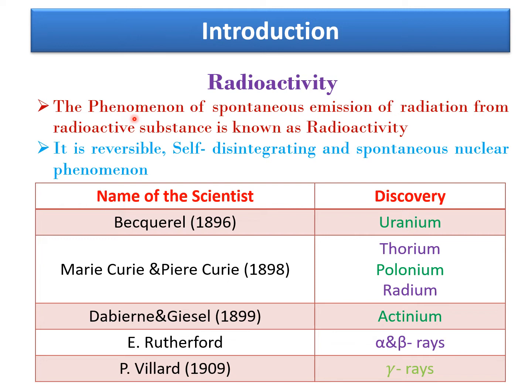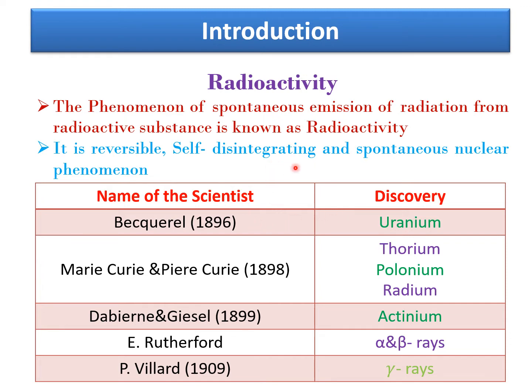The spontaneous emission of radiation from a radioactive substance is known as radioactivity. It is an irreversible, self-disintegrating, and spontaneous nuclear phenomenon. It takes place naturally, and therefore it is a self-disintegrating phenomenon.